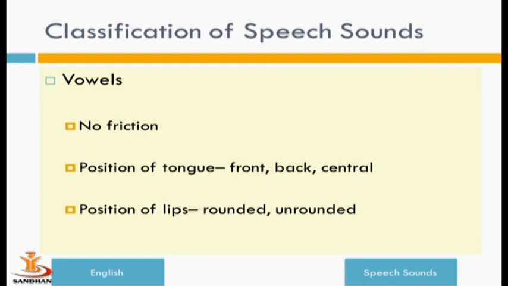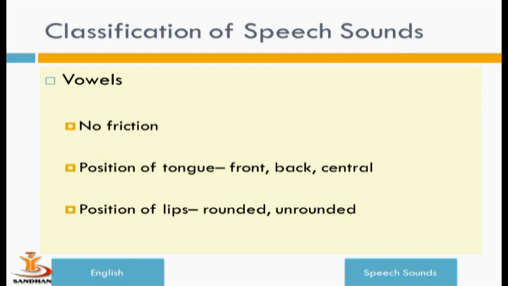If you say fan, if you say family, you will notice that you are bringing your upper teeth onto your lower lip. So there is friction between the upper teeth and the lips. But in the production of vowels, there is no friction at all.